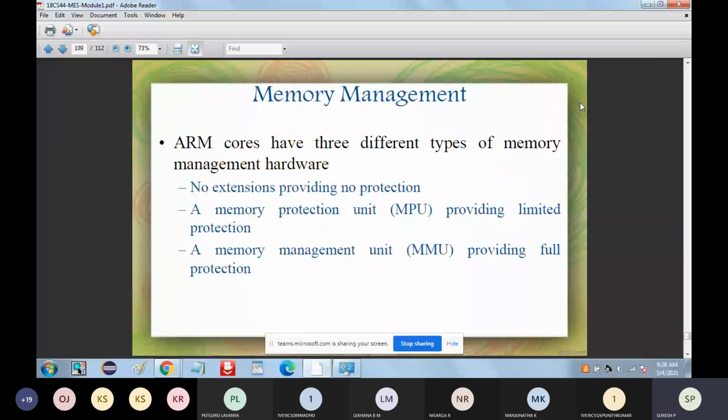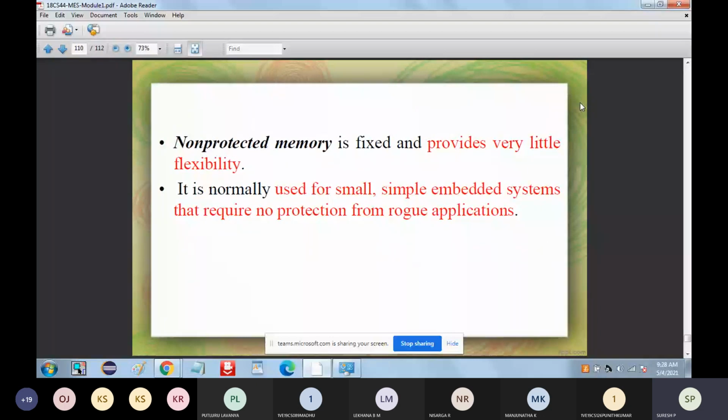Since we are not providing protection, I cannot go for this type of memory where you have hard real-time systems. When you talk about hard real-time systems, the time bound is important. It has to guarantee the response time, that means it has to meet the deadline.